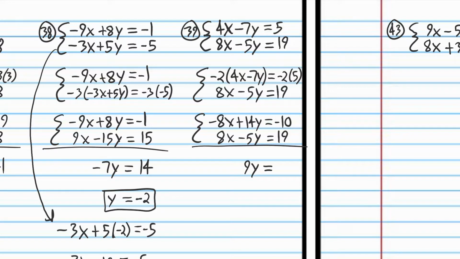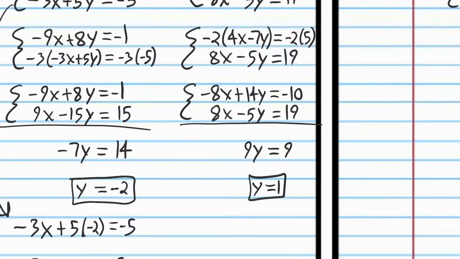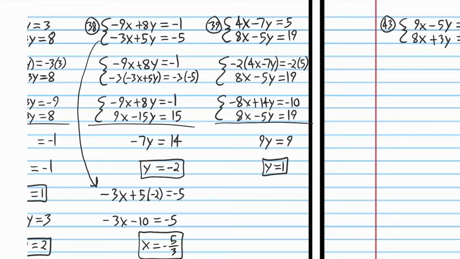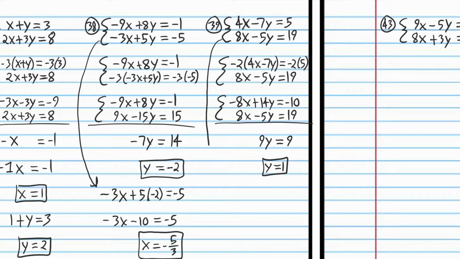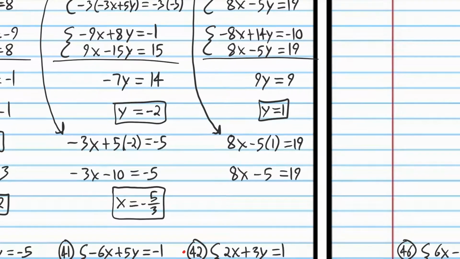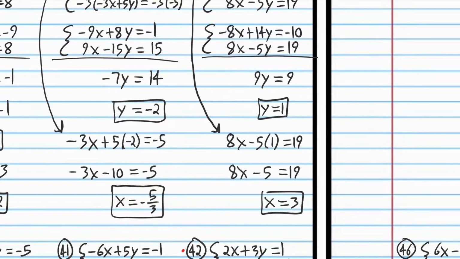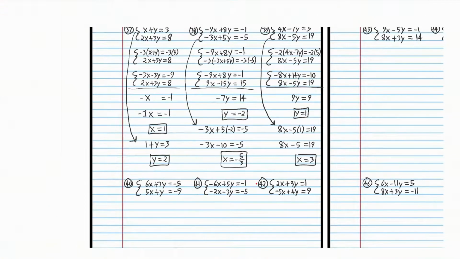You get 9y is equal to 9 and y is equal to 1. That looks correct. And now we're going to plug it into, you can choose any one of these equations. I'm going to choose the bottom one. Simplify. We have x is equal to 3. So we got 3 and 1. Good job.